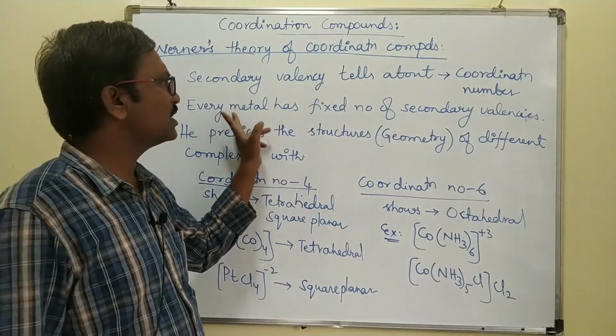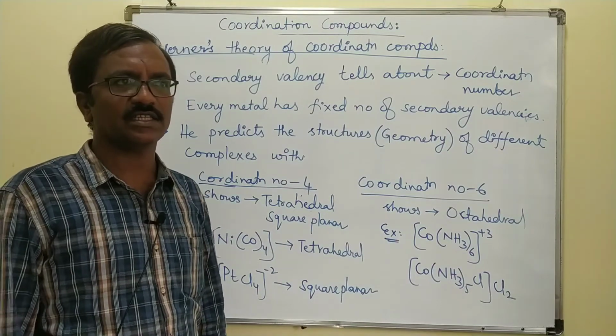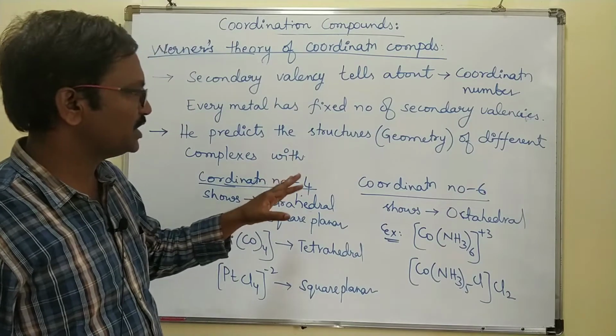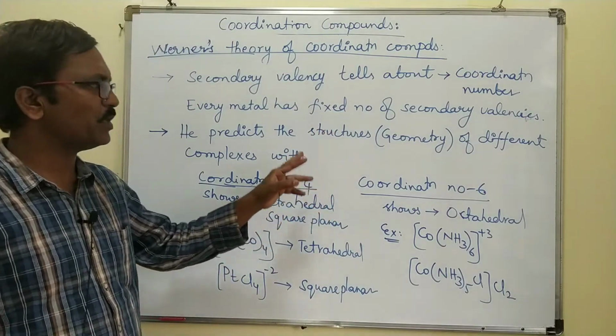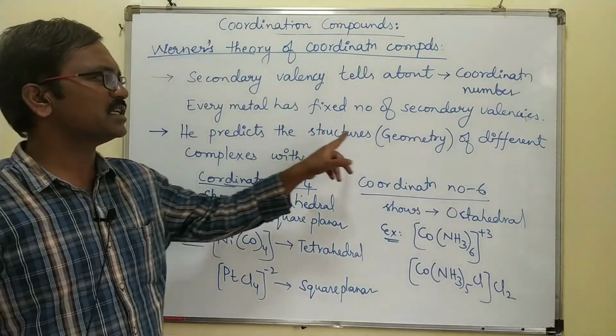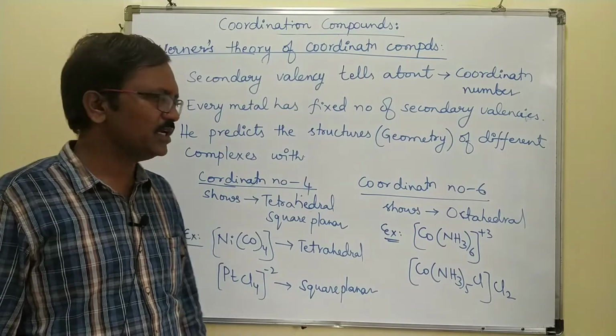Generally it is 4 and 6, he proposed coordination numbers 4 and 6. He predicted the structures of different complexes with coordination number 4 and coordination number 6.